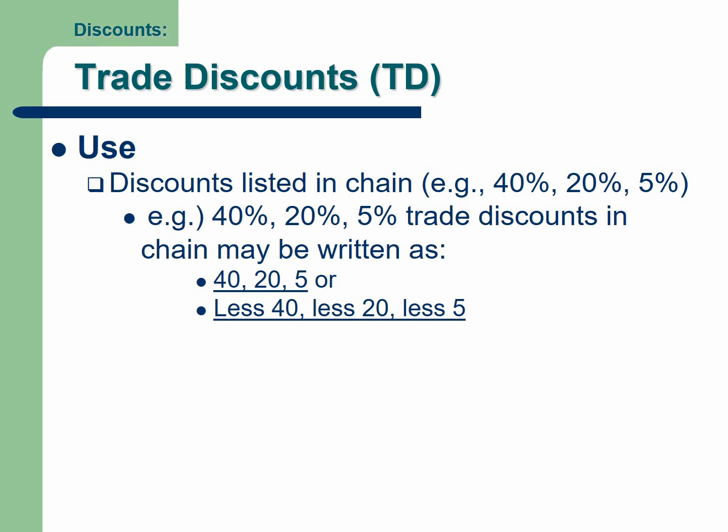When vendors differentiate buyers in terms of trade discounts, instead of changing the percentages, they establish multiple trade discount percentages in a chain. For example, discounts may be listed as 40%, 20%, 5%. Or they may write it as less 40, less 20, less 5. What this means is that for certain buyers, they will apply only the first one, 40%.